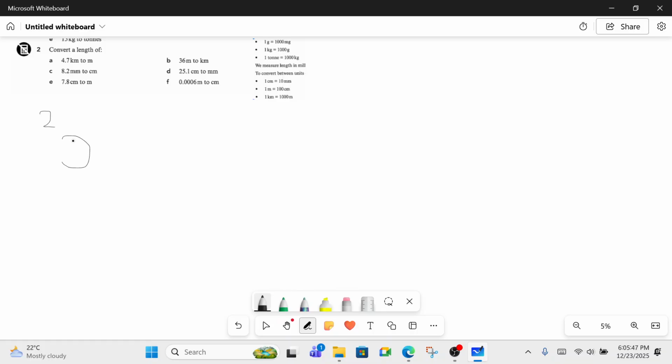Now for question number 2D, 25.1 centimeters into millimeters. So 1 centimeter represents 10 millimeters.